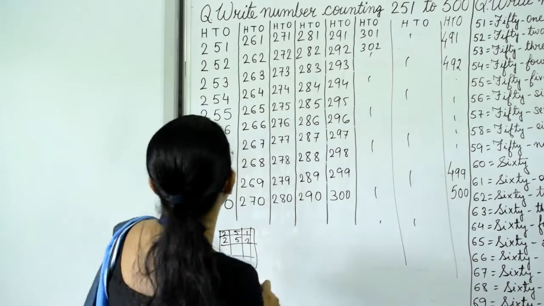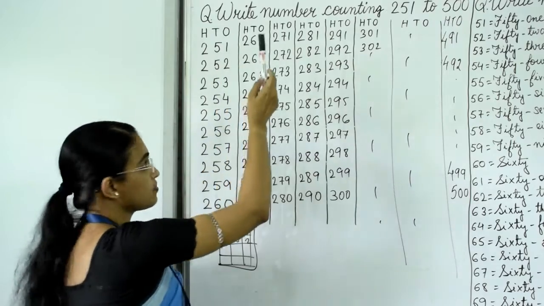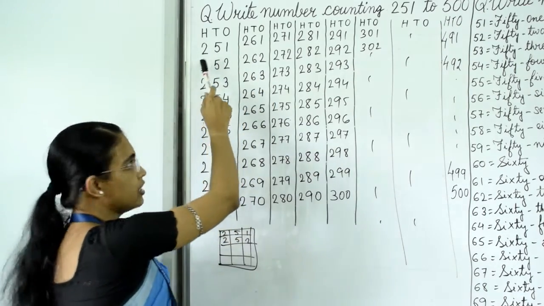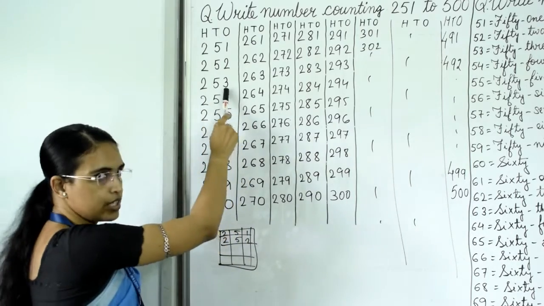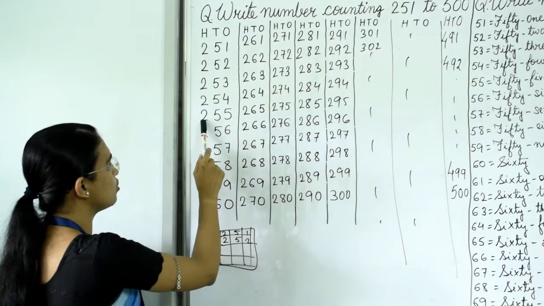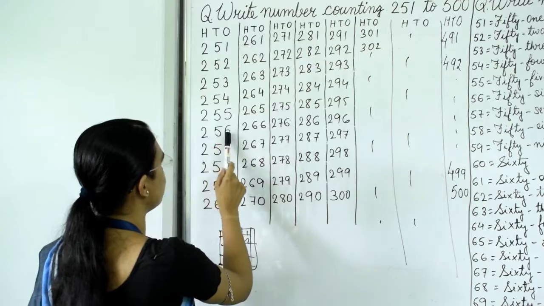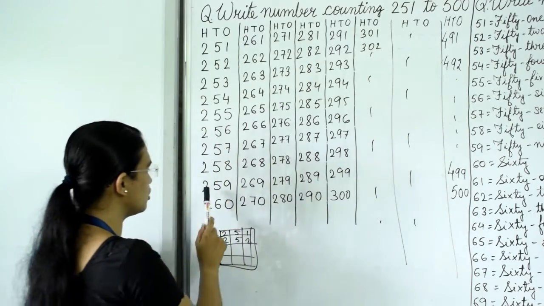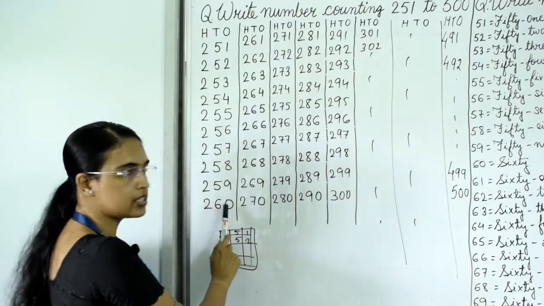Okay. So let's count from 251. 251, 252, 253, 254, 255, 256, 257, 258, 259, 260.